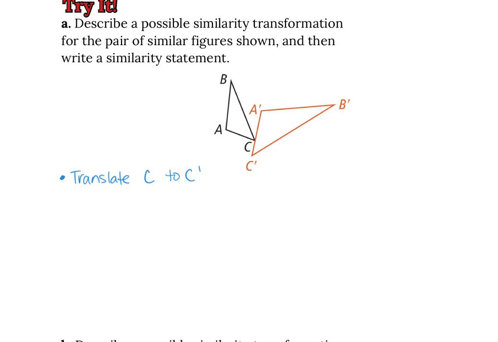Let me see if I can create a triangle here that I would be able to translate. All right, so I have my image fairly close to what it should be, so I am going to translate C down onto C prime. Okay, so that's what my translated image would look like.